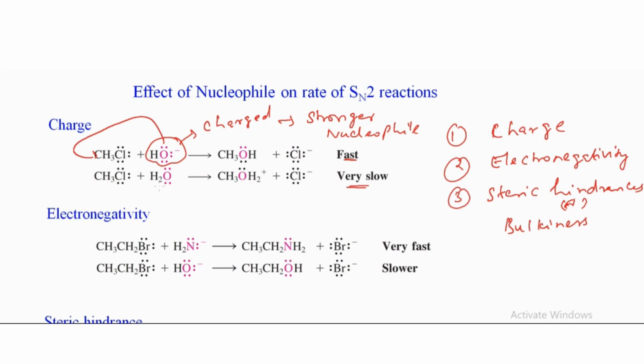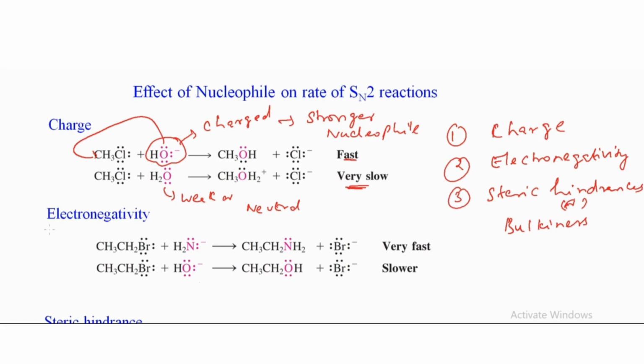But you see this one, the water, is a weak or neutral nucleophile. There are no charges, so it is not ready to donate or share its electrons. That's why these reactions are very slow. So the charge of the nucleophile will influence the rate of reaction.